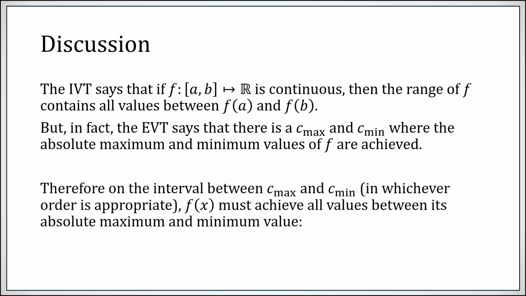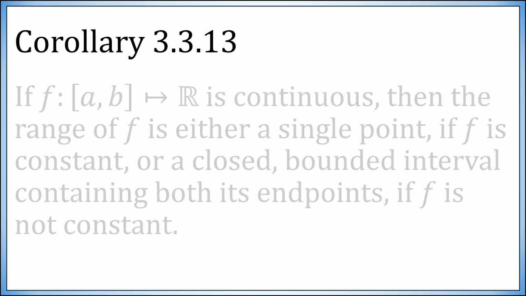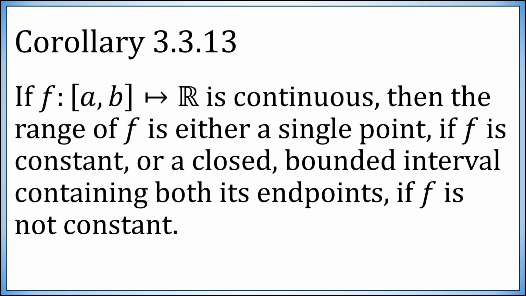So if you look at the restricted domain between where the maximum and minimum are achieved, in whichever order makes sense to write down the interval, f of x must actually now achieve all values between its absolute max and absolute min. This leads to the following corollary. If f is a continuous function whose domain is a closed bounded interval, then the range is either a single point, if f is a constant, or the range itself is another closed bounded interval containing both its endpoints, if f is not a constant.